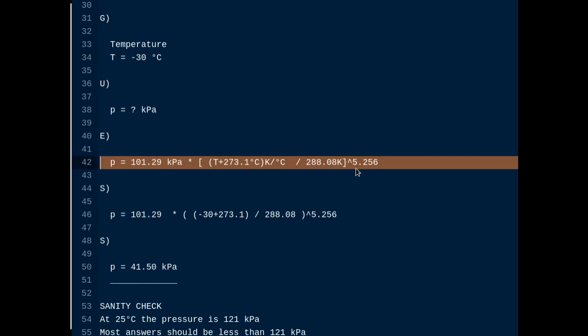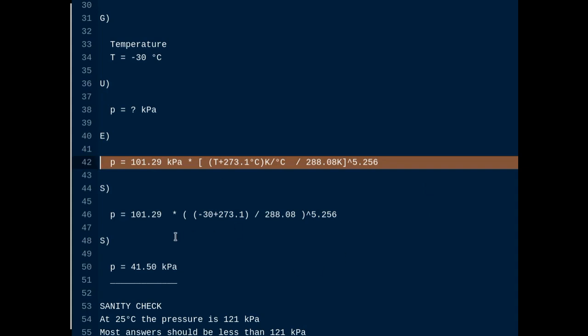You're going to raise this by 5.256. That's a power. So on your calculator, there's usually a caret or an x to a box, and you'll put that in as the exponent. Then when you get that expression completed, you multiply times 101.29.